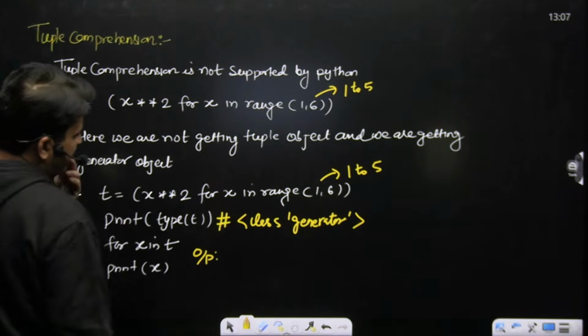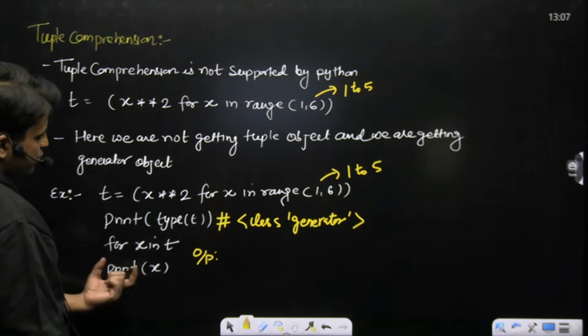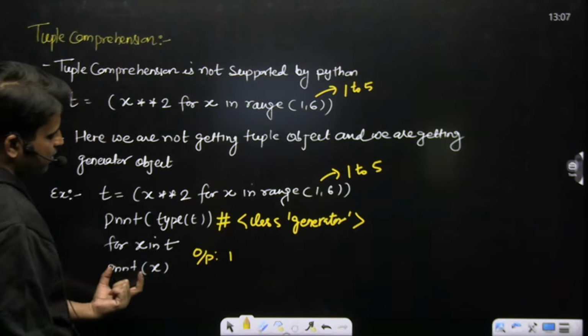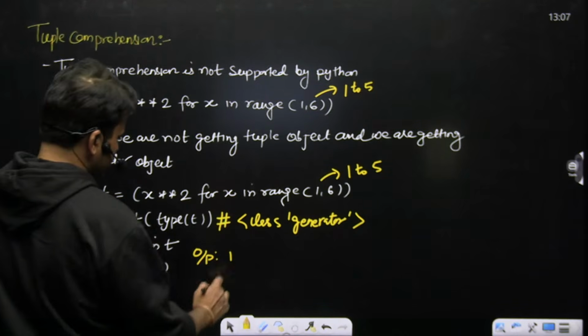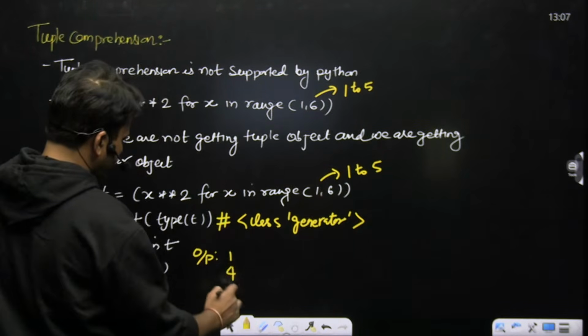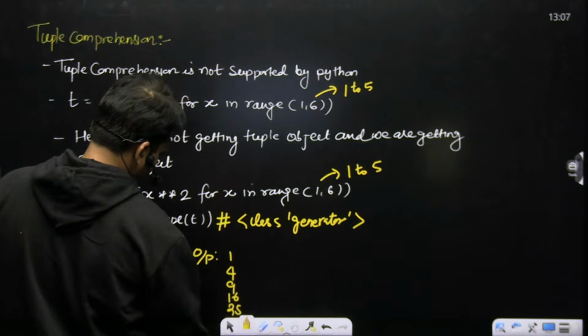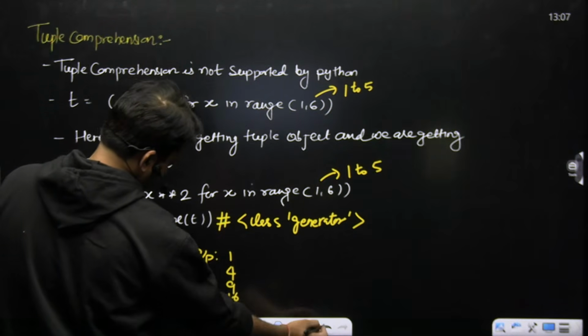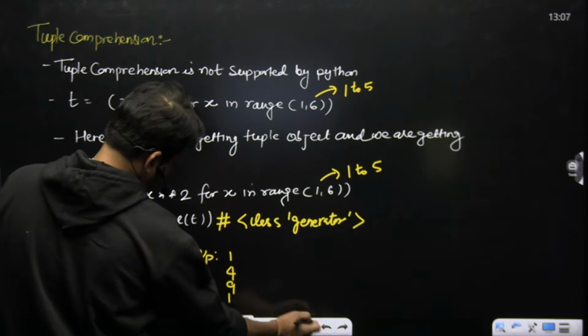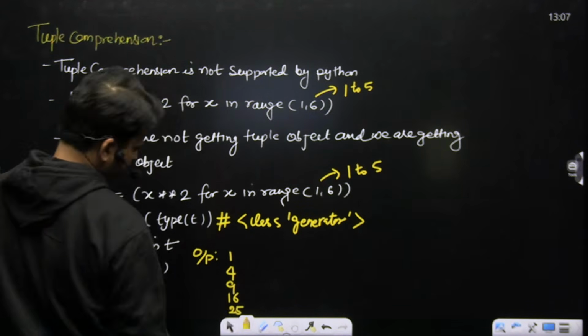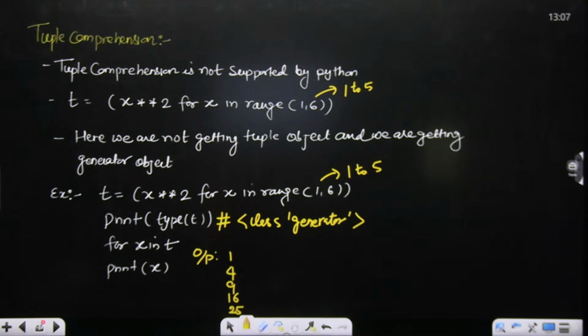It is a generator. It generates the value on demand, not stored. On demand, first one: 1 to the power 2 is 1, right? And 2 to the power 2 is 4. Next 3 to the power 2 is 9, and then 16 and 25. So this is the output, student. It generates the value on demand.